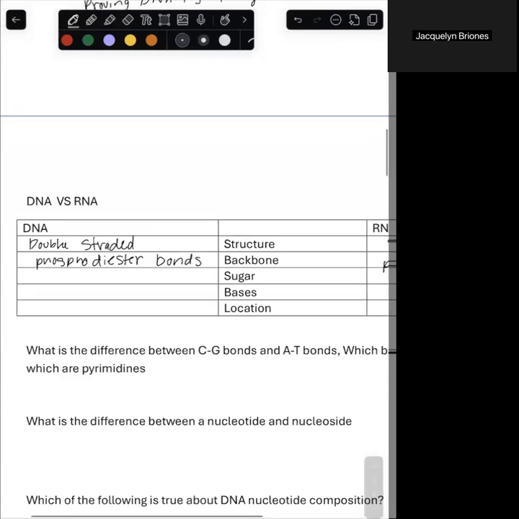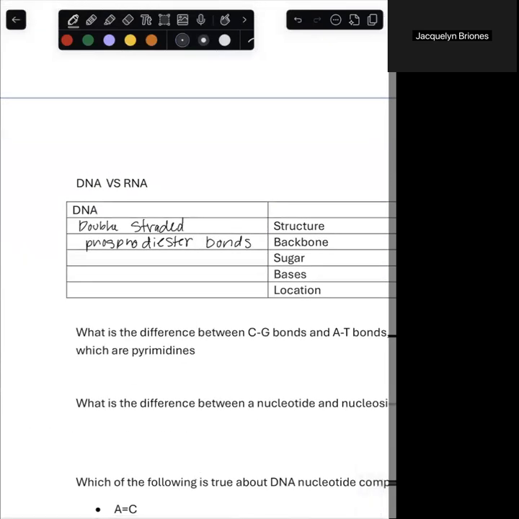If you remember, phosphodiester bonds are the bonds on the backbone. So say this is DNA. Here's A, and here's T. The bond between the A and the T are hydrogen bonds. Remember that. And then here on the backbone are phosphodiester bonds.